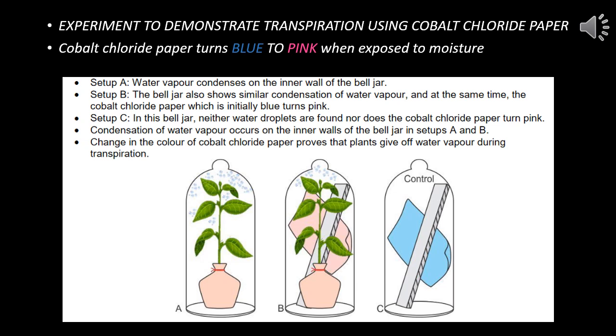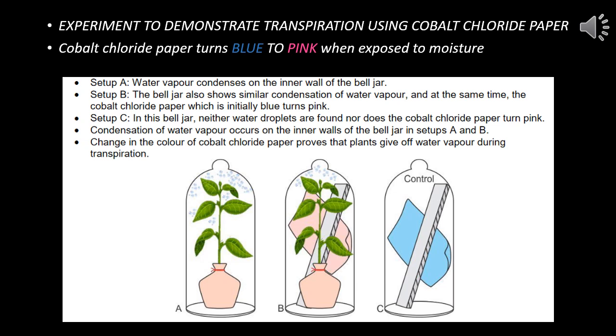What can be observed? In setup A, water condenses on the inner wall of the bell jar. And in setup B, the bell jar also shows a similar condensation of water vapor, and at the same time the cobalt chloride paper, which is initially blue, turns pink.